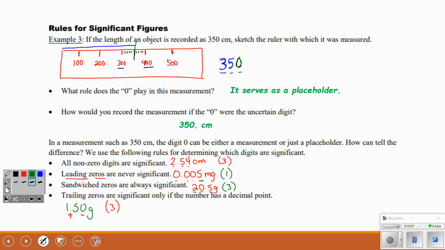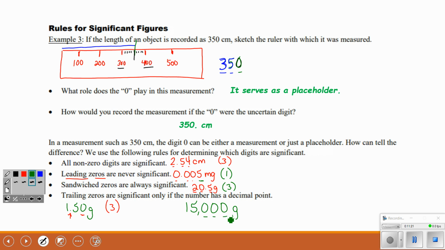However, if we had a number that looked like this, and it says 15,000 grams, if we have trailing zeros and we do not have a decimal place present, then none of these trailing zeros count as significant figures.